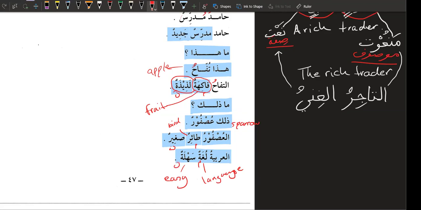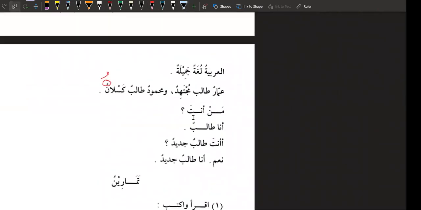So Arabic is an easy language. And if we put alif and lam on the beginning of each word, it'll be Arabic is the easy language. جيد. Then we have العربية لغة جميلة, a beautiful language. So لغة منعوت, جميلة نعت.